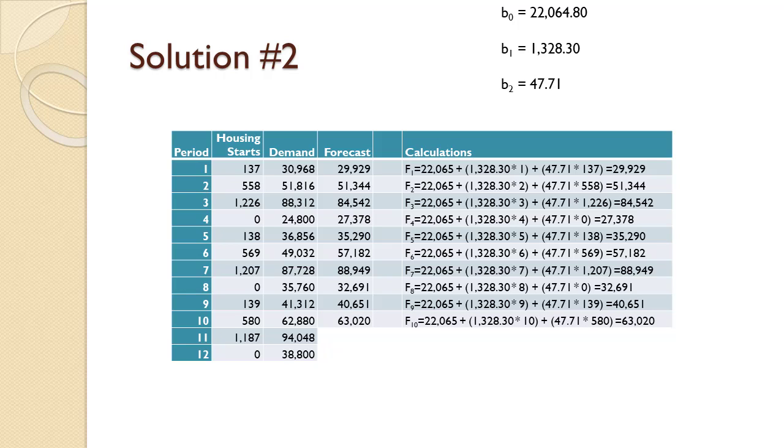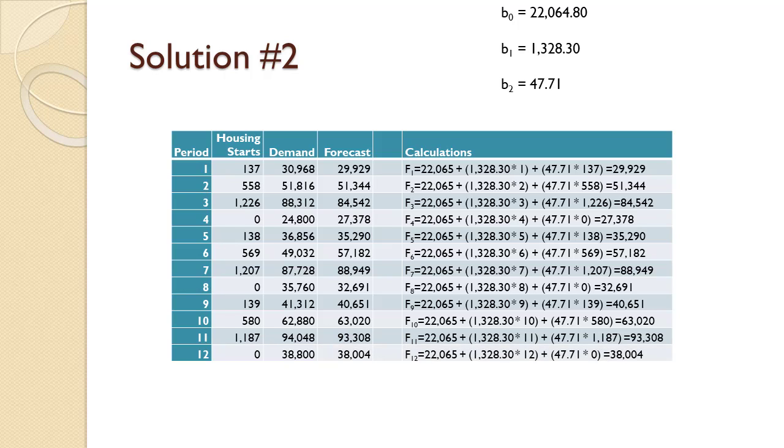F10 equals 22,064.8 plus 1,328.3 times 10 plus 47.71 times 580 equals 63,020. F11 equals 22,064.8 plus 1,328.3 times 11 plus 47.71 times 1,187 equals 93,308. F12 equals 22,064.8 plus 1,328.3 times 12 plus 47.71 times 0 equals 38,004.